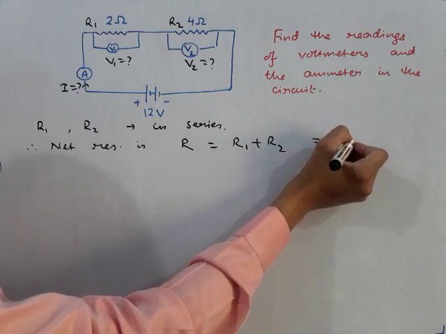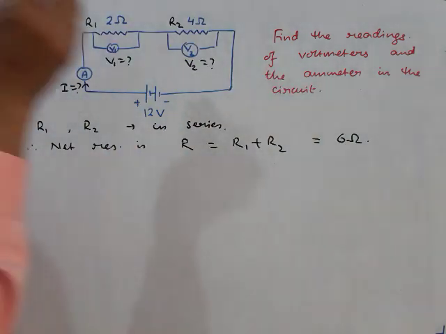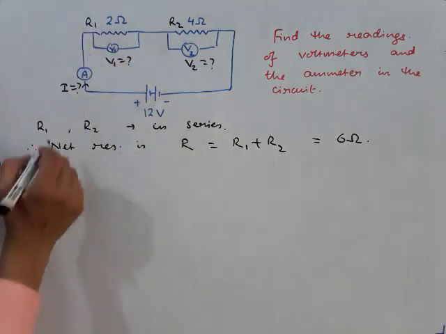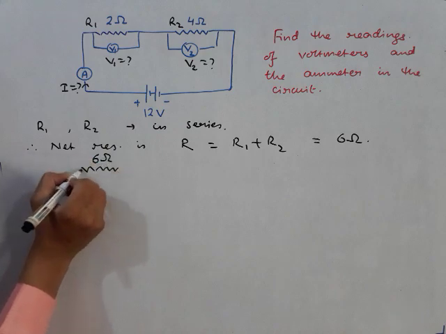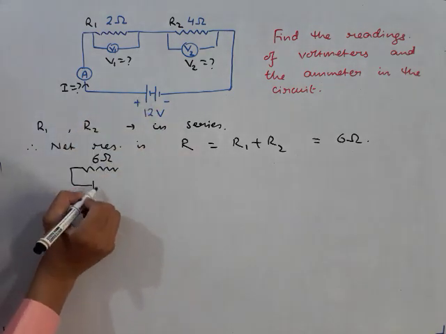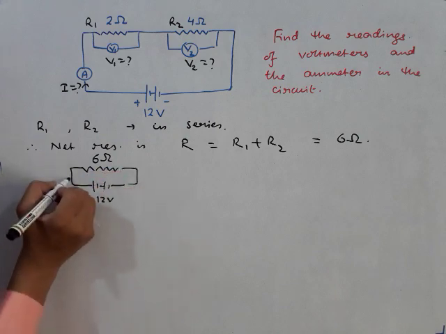That is how much? 6 ohm. That is step number 1. So this circuit we can redraw like this. There is an equivalent resistance of 6 ohm, and there is a battery with potential difference 12 volt.